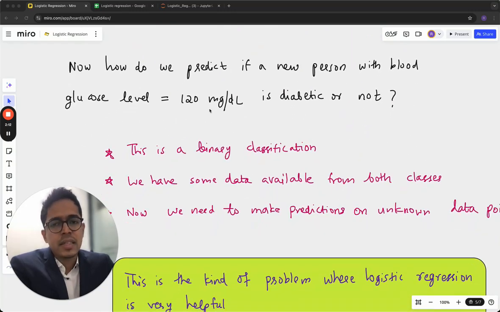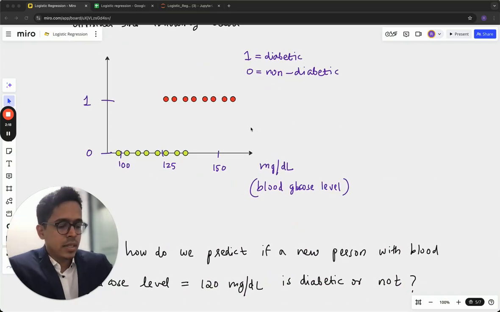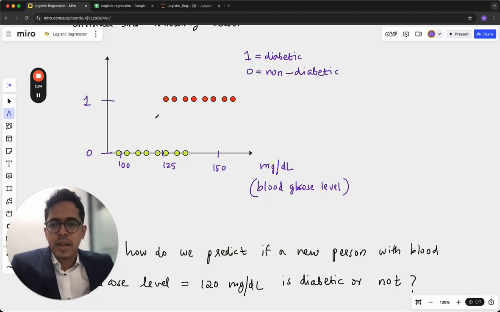So that's the question here. If someone has 120 milligrams per deciliter, is that a diabetic person or not? And we know that this 120 milligrams per deciliter would fall somewhere over here. When I say here, I don't mean here, I mean anywhere here on the x-axis.